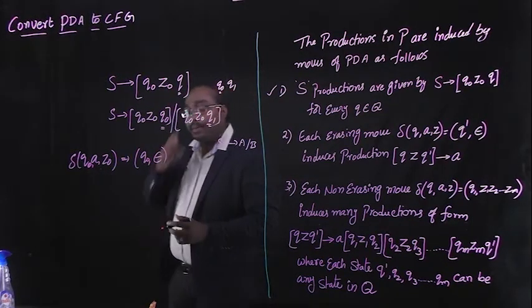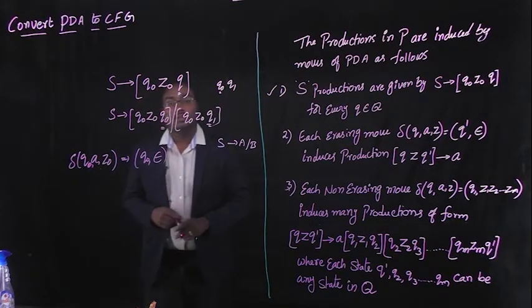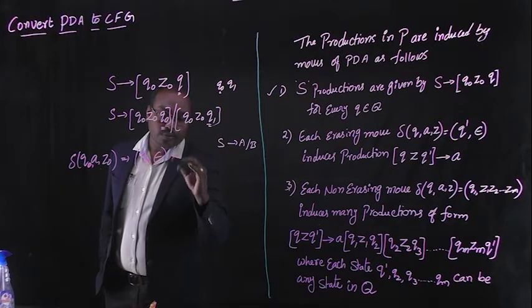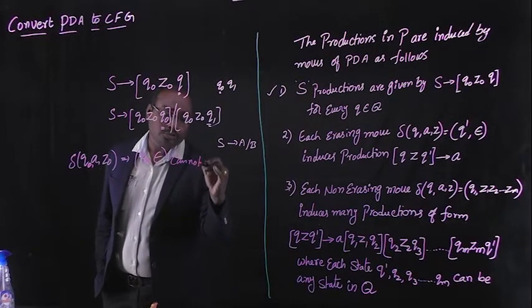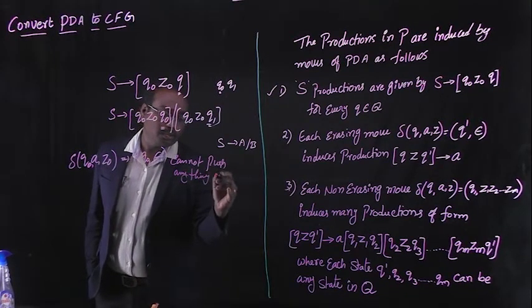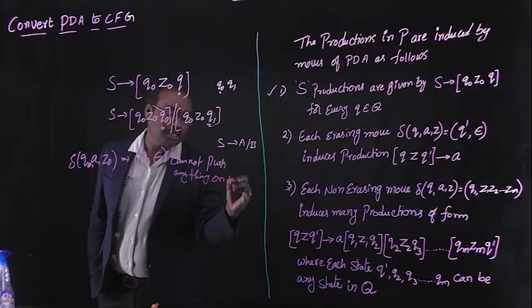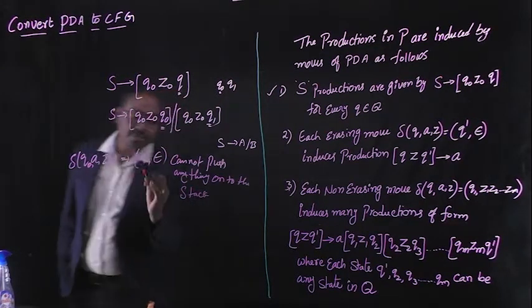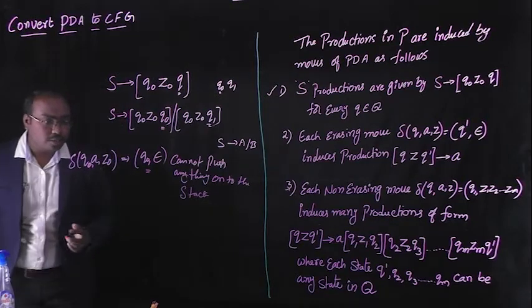So in the PDA we can perform 2 operations. First one, we cannot push anything onto the stack, that means it represents (q0, epsilon).